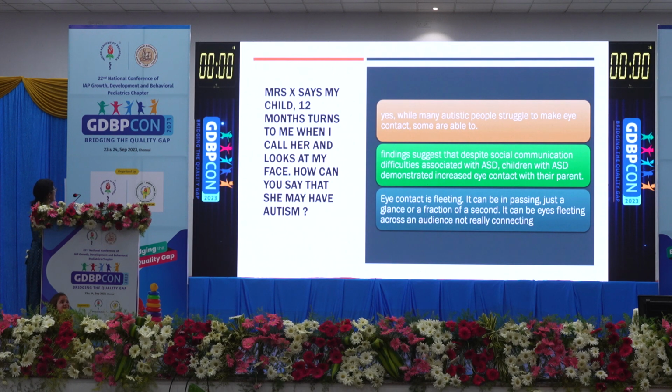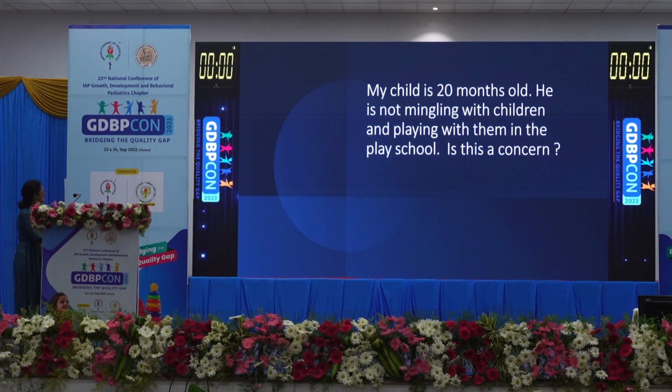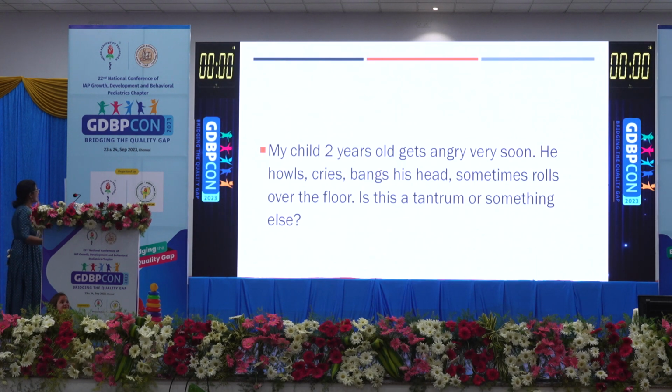Mrs. X says that my child turns to me when I call her and looks at my face. I'm not sure whether it is eye contact or not. These are the common questions that we see. We can discuss these in the question and answer session. Thank you.